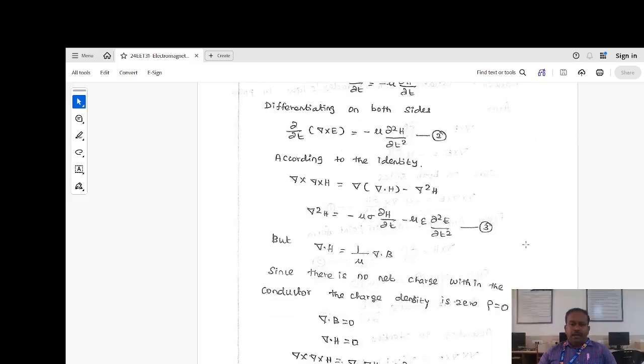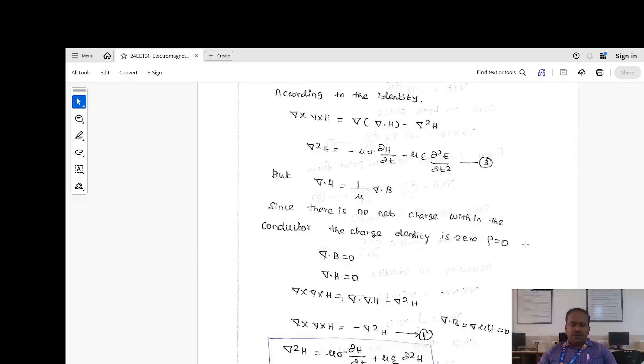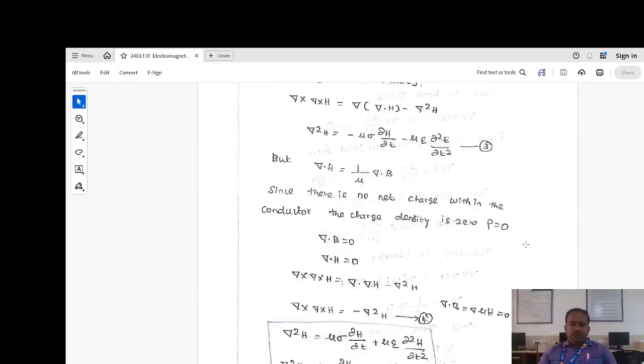But del dot H equal to 1 by mu into del dot B. Since there is no net charge within the conductor, the charge density is 0, that is rho equal to 0, del dot B equal to 0, del dot H equal to 0. So del cross del cross H equal to del del dot H minus del squared H. From these equations, B equal to mu into H, so del dot B equal to del dot mu H equal to 0.